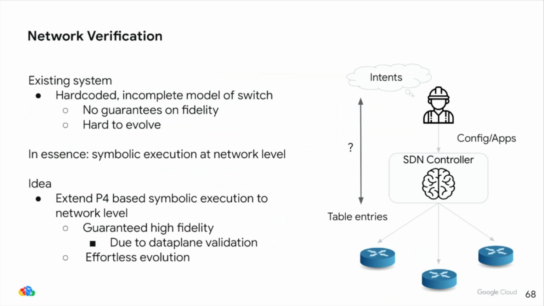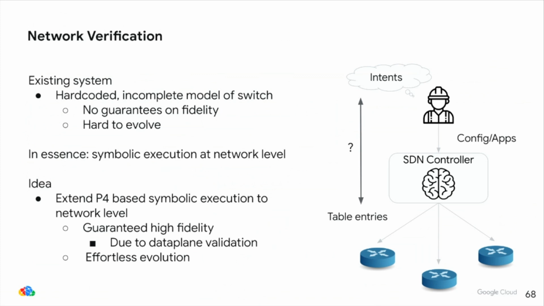And actually in Google, we do have such a system in use. However, this system that we have in Google was developed before we had P4, and similar to many works in literature, these network verification tools usually use hard-coded incomplete models of the switch. So they don't have any guarantees on the fidelity of their model.